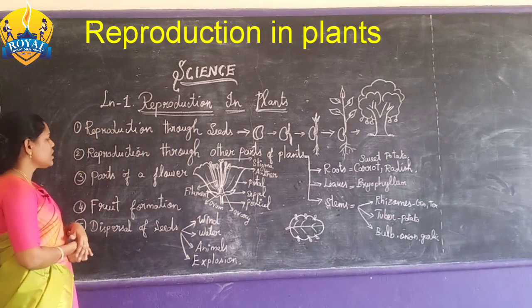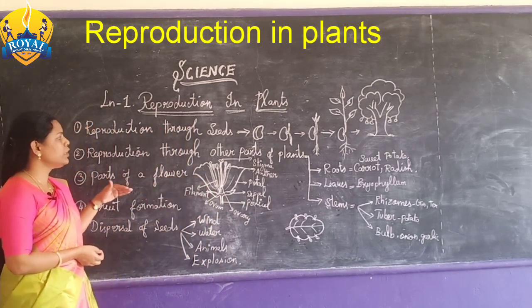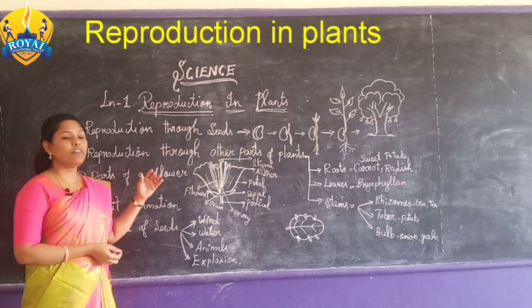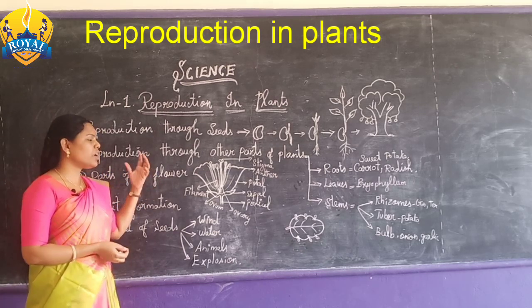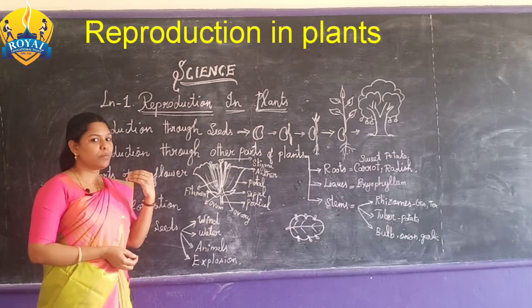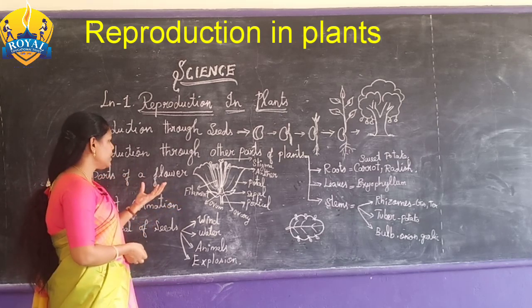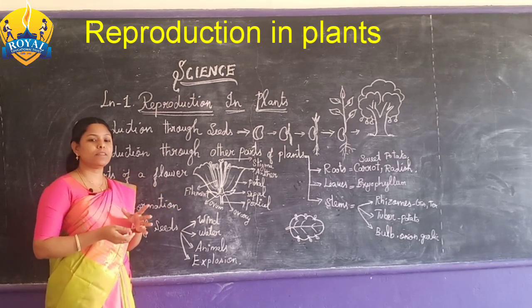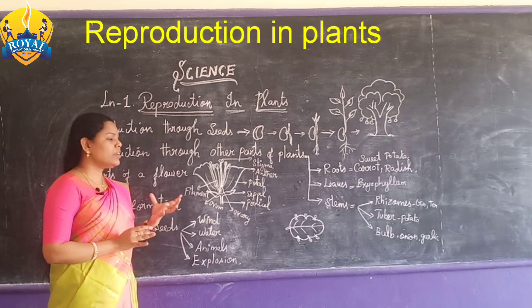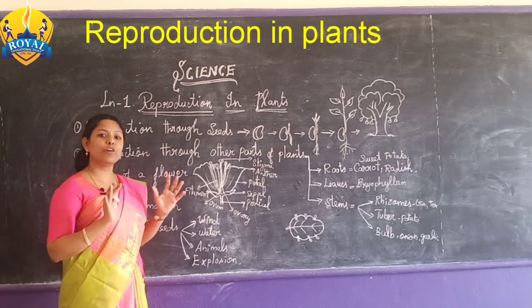Now we will learn about the next topic. I already told you the plant parts such as seeds germinate into a new plant. In every flowering plant there are many colorful flowers.